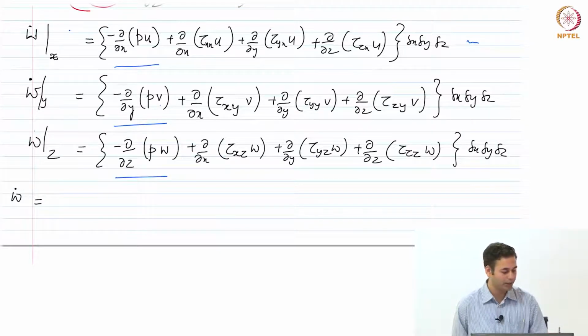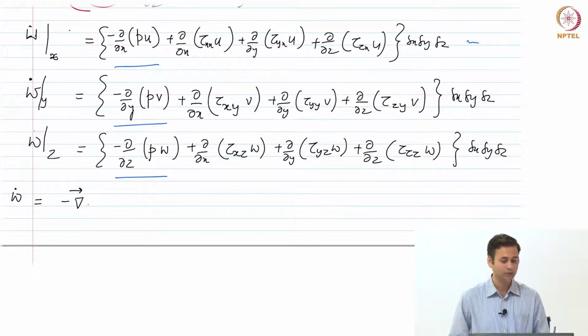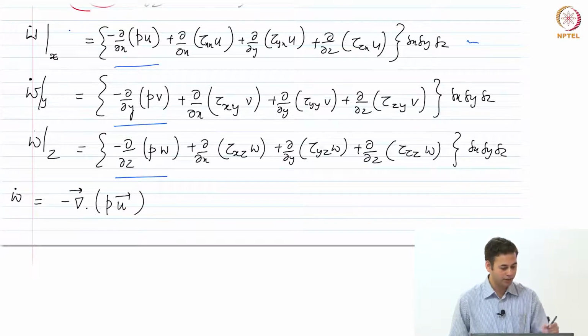Can we write using a nabla notation? That would be minus grad dot p times u bar, which gives all these three terms. Of course this is multiplied with the volume, which I have not written, plus we have several terms here.